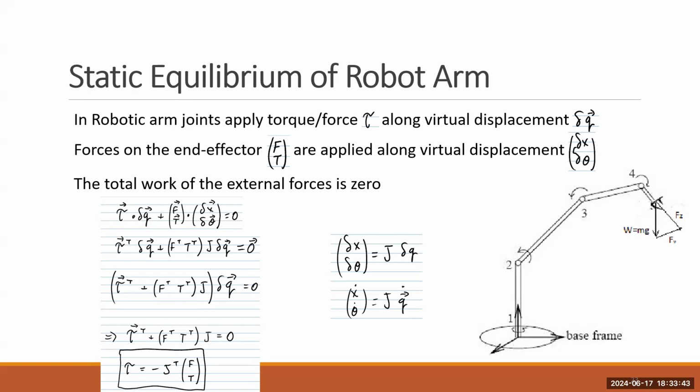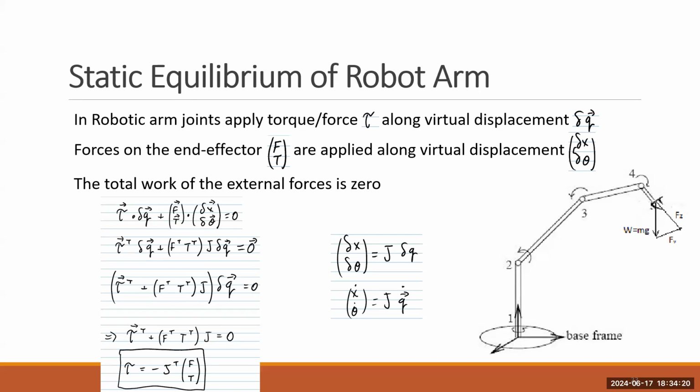So now I can think of the total work that is done on this robot. So we have tau, which is the torque in the joints, times delta Q, which is small displacement, virtual displacement of the joints, plus the force and torque on the end effector times small displacement of the end effector, delta x, delta theta.